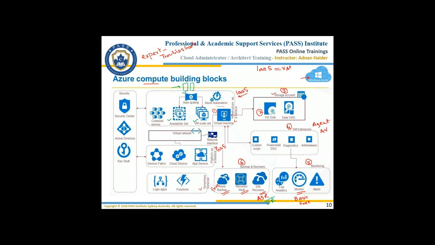So we can automatically set up formulas in auto scaling that as soon as the CPU on this server reaches 70%, automatically add another server, and if it reaches 70% again, add another server. It keeps on adding servers as soon as the requirement arises. The beauty of auto scaling is that it can automatically downgrade as well. As soon as it reaches 30% again, start reducing the servers.